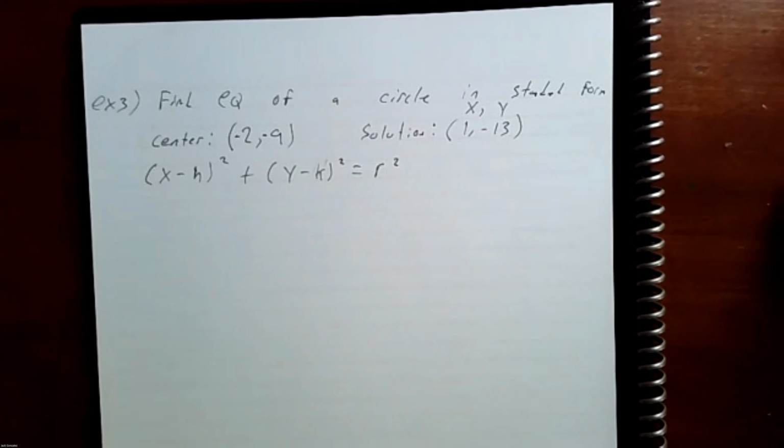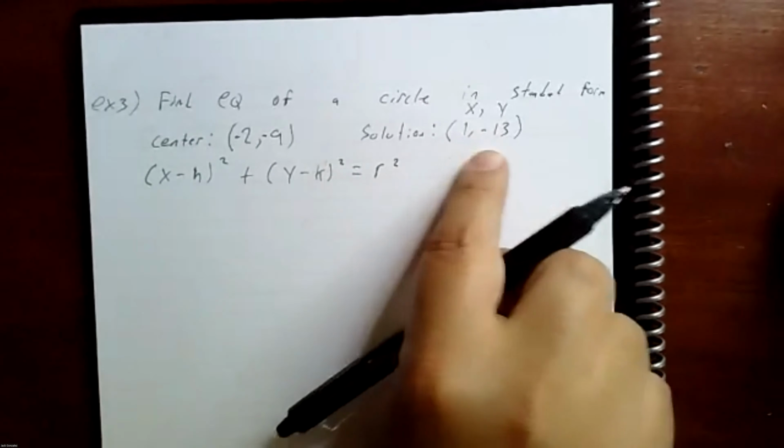So I have a point that I can technically plug in because it is a solution. I have a center, which means I can plug that in too. So I could plug all these things in and then solve for R because I know this is on the circle. Since it is a solution, that means I can use that to my advantage here.